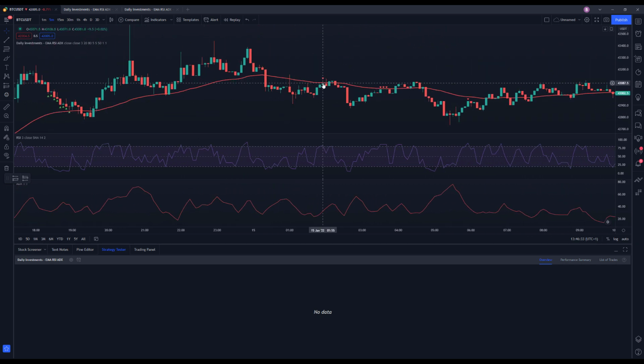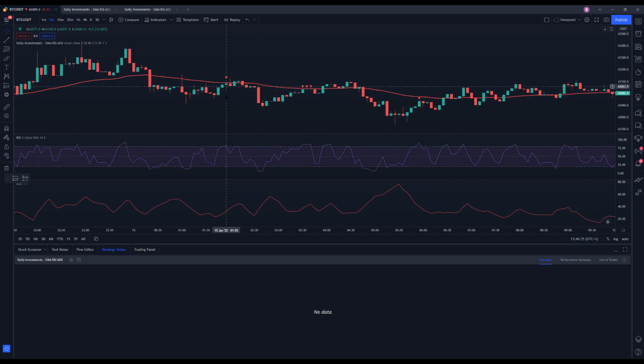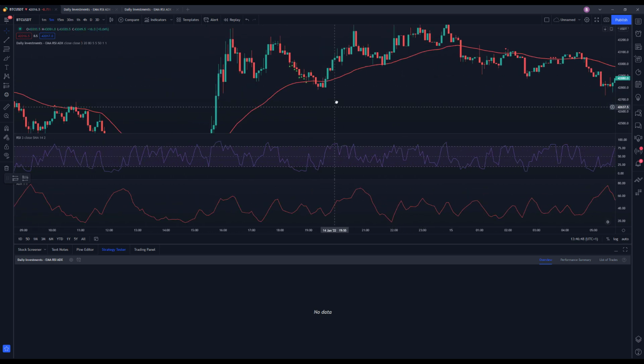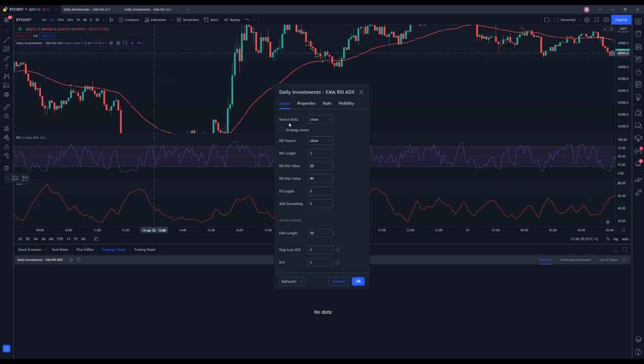Because right here it's saying go short because it's above the RSI and on or above the 30 line of the ADX. So yeah, it's quite easy to use.